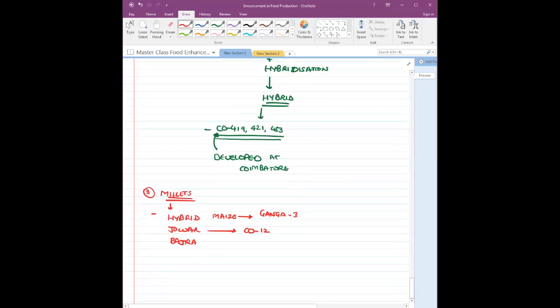Once again, very important, you have to remember these are high yielding varieties, and plus, these are water stress resistant. They can still survive in less amounts of water.